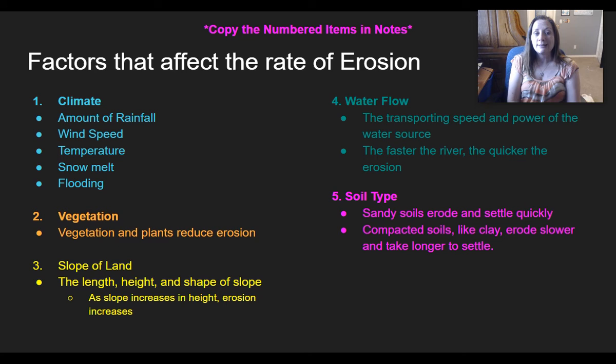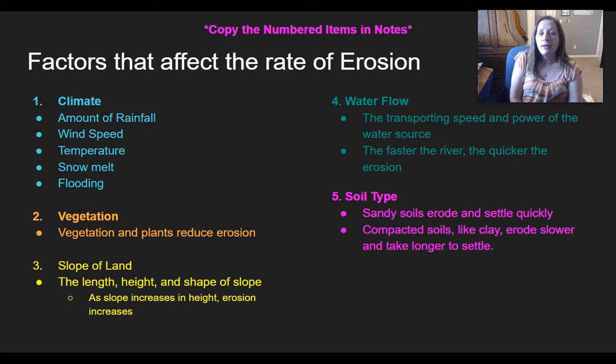Number three is the slope of land. If it's more sloped, it's going to be faster than if it's slightly sloped, right? So the length, the height, and the shape of the slope. As slope increases in height, erosion increases as well.